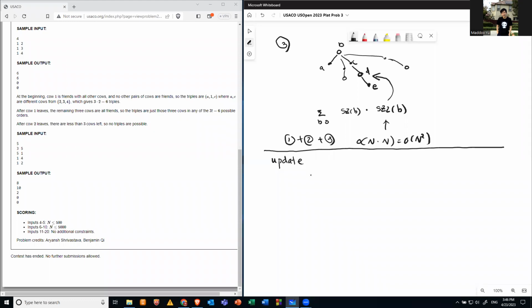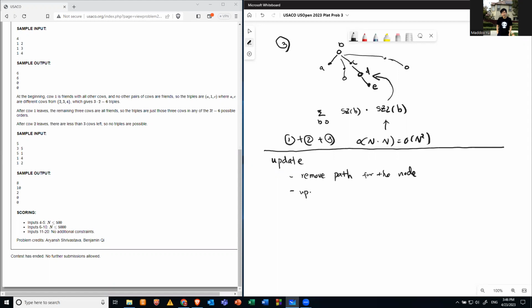So what you do is, every time you remove 1, you remove the path for the node, right?